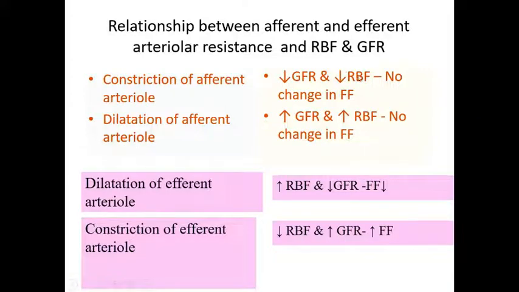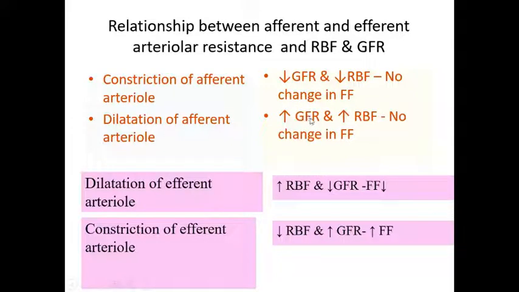So the renal plasma flow is going to reduce, then it will have no effect on the filtration fraction. Why? It's because both variables are reducing. The denominator and the numerator, they are reducing. It means that the fraction won't be affected in terms of the value, because both variables are reducing. If you have dilatation of the afferent arteriole, it means that you are increasing blood flow to the kidneys.